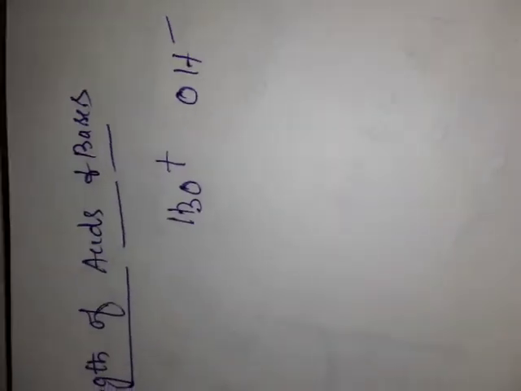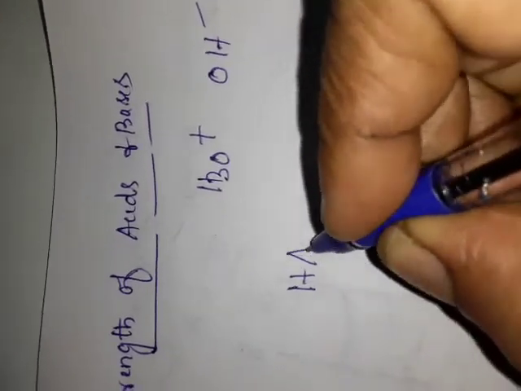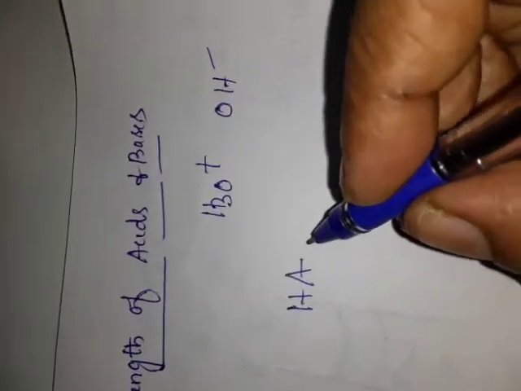When a strong acid is completely dissociated in water, there is no undissociated acid left. But in a weak acid there is only partial dissociation, so an equilibrium exists between the two. To define the strength of the acid, let us consider the following example. Consider the acid as HA.